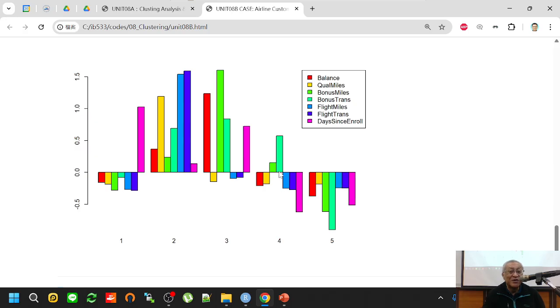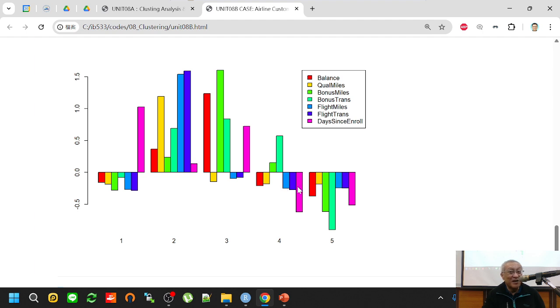And how about this group? Anyone want to try? From this observation, are they new members? Quite new, right? Because their seniority is actually the lowest. So this is the young member.